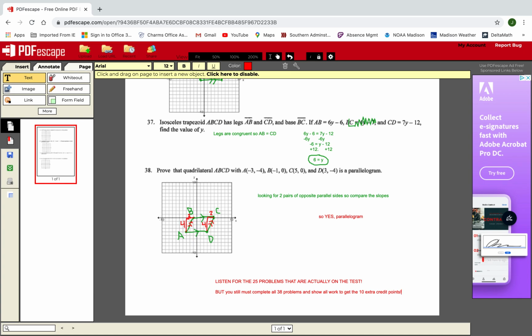First page, we've got numbers 2, 3, 5, 6, and 7. Page 2, numbers 9 and 12. Page 3, number 16.